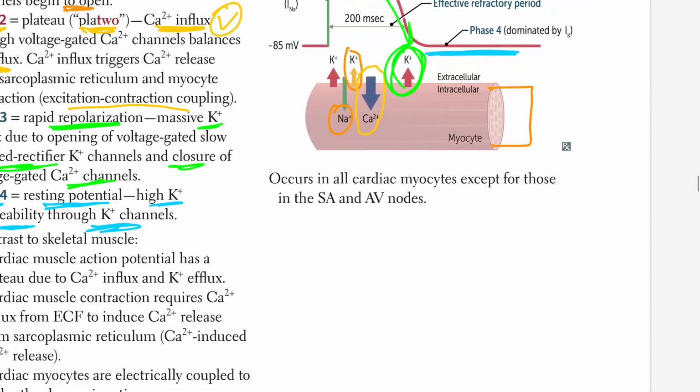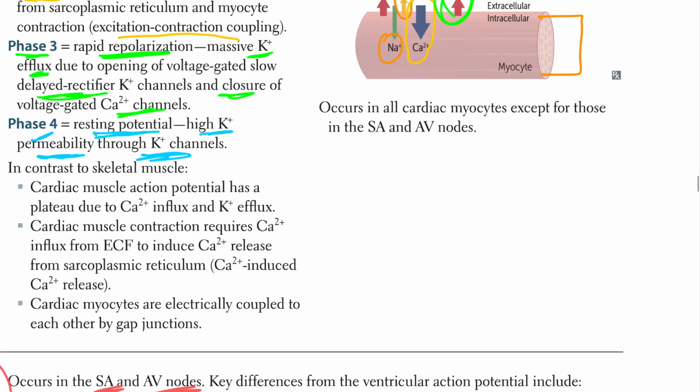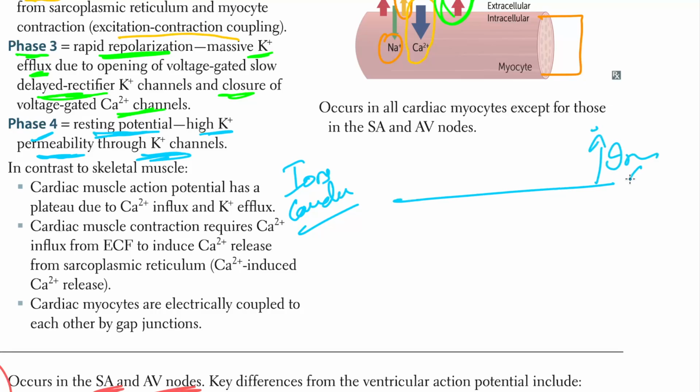Let's just draw that graph here. Let's say we have ion conductivity. We draw a line: this is going into the cell, and this is out of the cell.